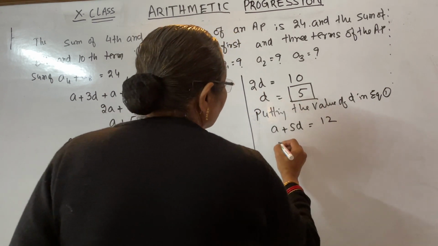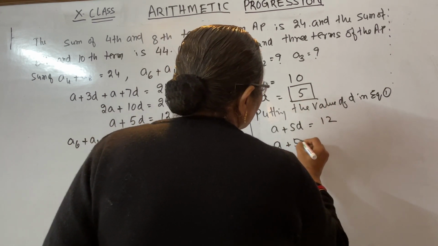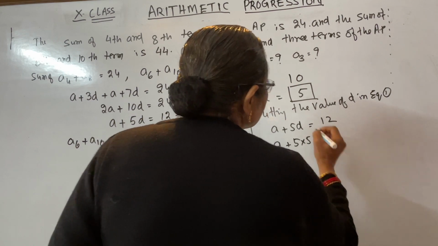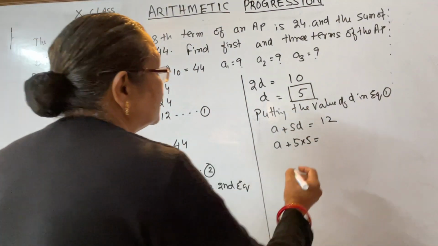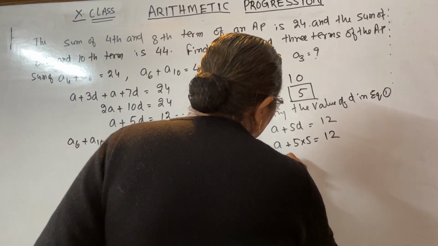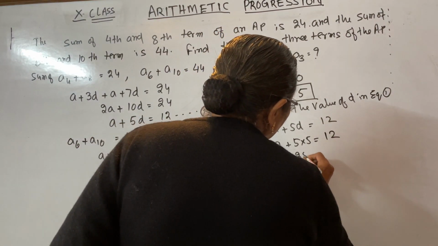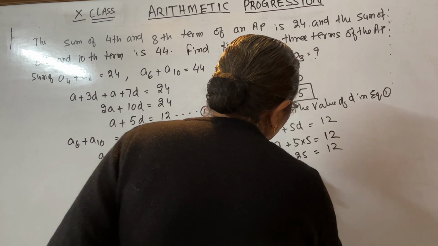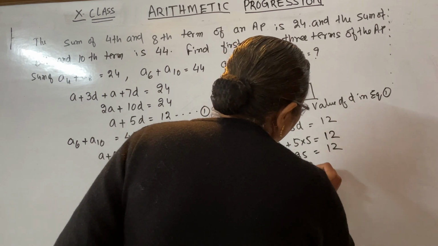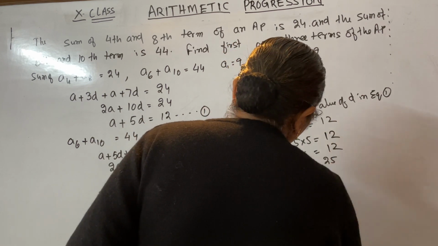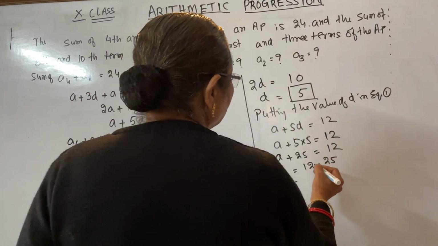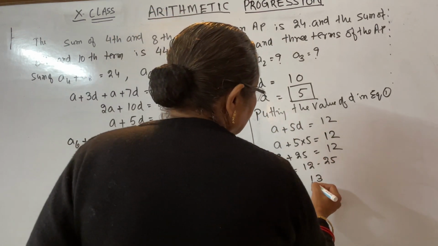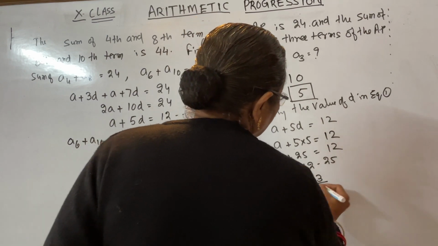A is what? We don't know. Plus 5 into D is 5. So that equals to 12. A plus 25 equals to 12. A equals to 12 minus 25. Therefore, A equals to minus 13.